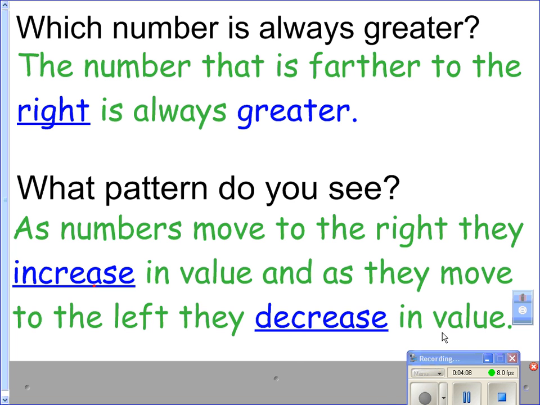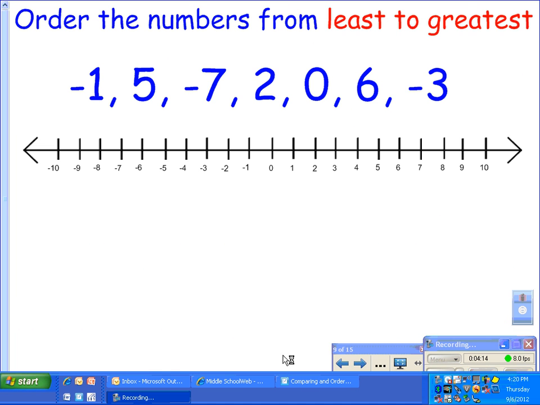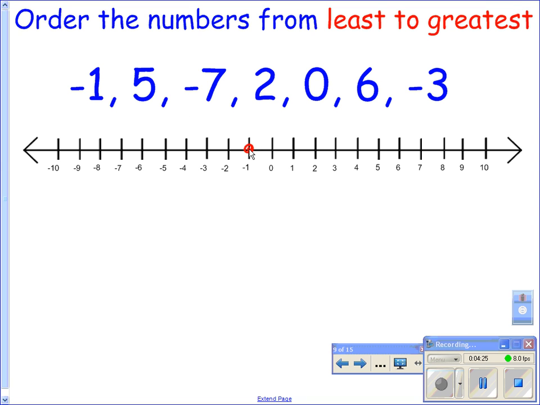Okay, so now let's go to the next slide. We are going to put these numbers in order from least to greatest. Let's plot them on the number line first. We're just going to put a dot wherever we see this number. So -1 goes here, 5, -7, +2, 0, 6, and -3.